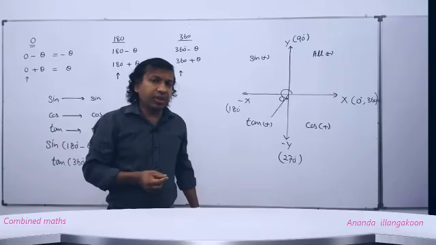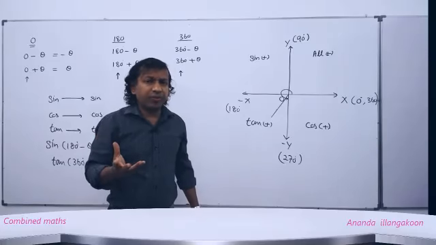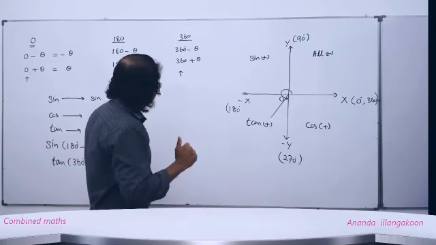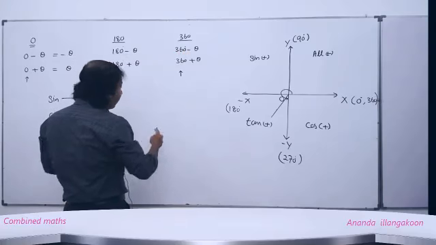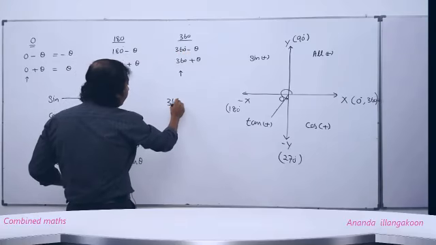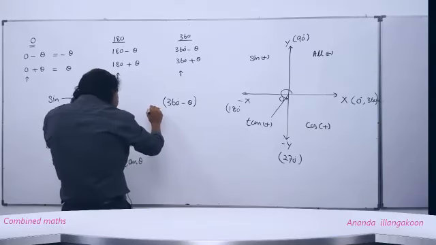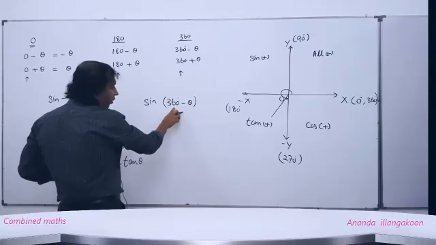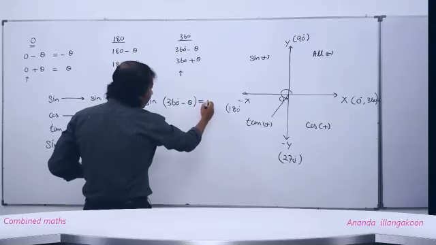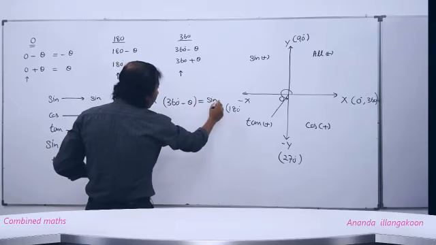How do you check it? Very easy, people. First, consider the angle. Now, for example, if I take this 360 minus theta angle, suppose we are given its sine. First angle is on the x-axis, no? Then this ratio doesn't change. Sine, this angle coming.